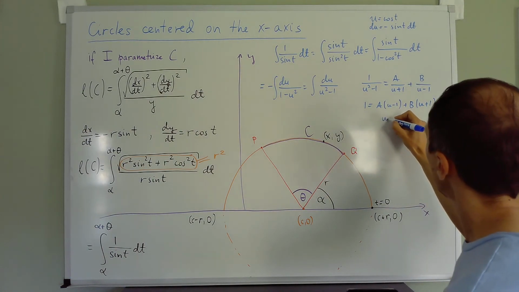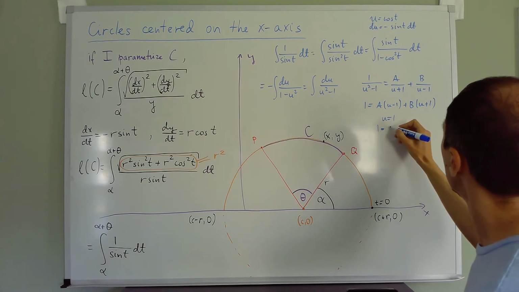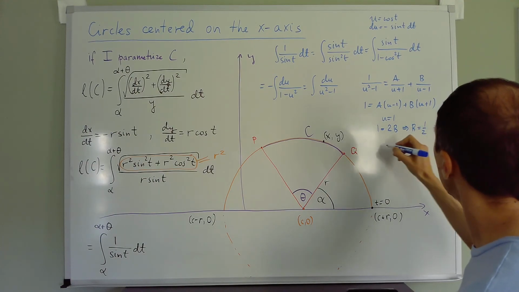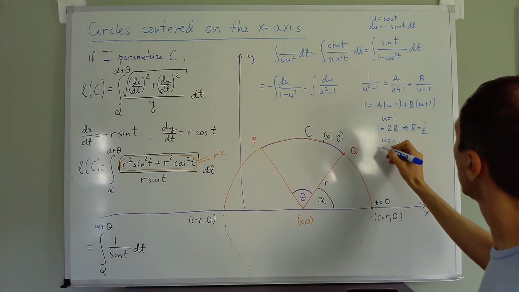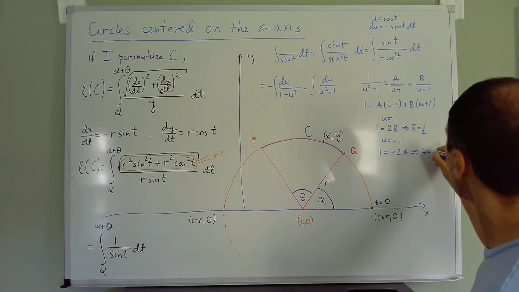If I plug in u equal to 1, I get 1 equals, so this becomes 0, to b, so b is 1/2. And finally, if I plug in u equals minus 1, I get 1 equals minus 2a, so a is minus 1/2.